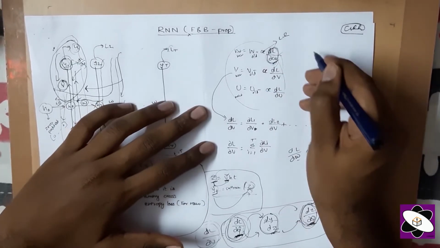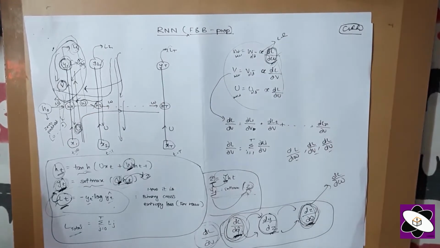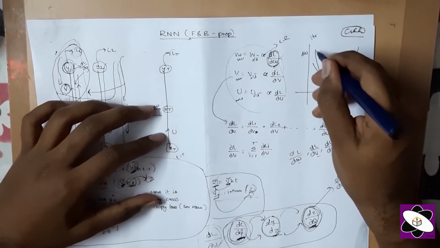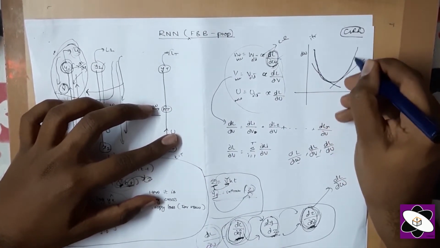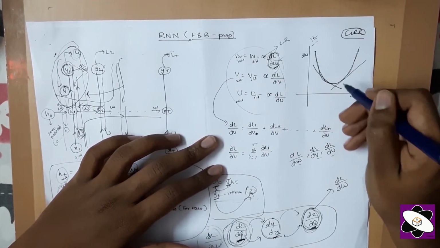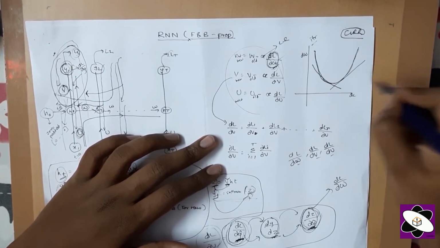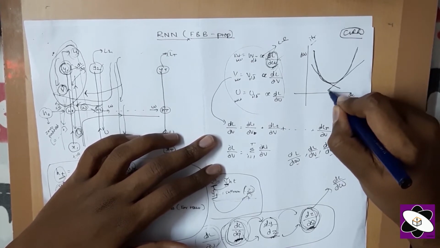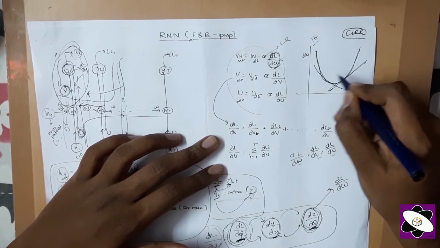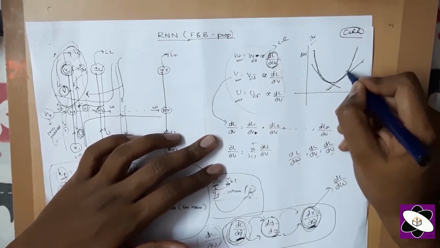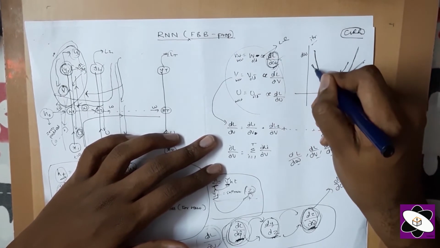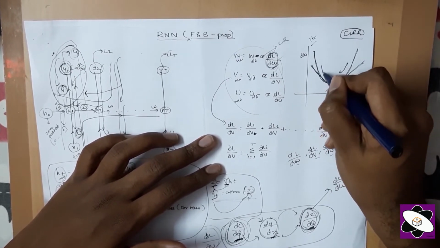And this is a basic thing, as you can see. If you are going to perform gradient descent, if your dL by dW based on iterations is positive, a positive slope, something like this, we are just going to reduce it. We are having a minus, so it will go in this direction.